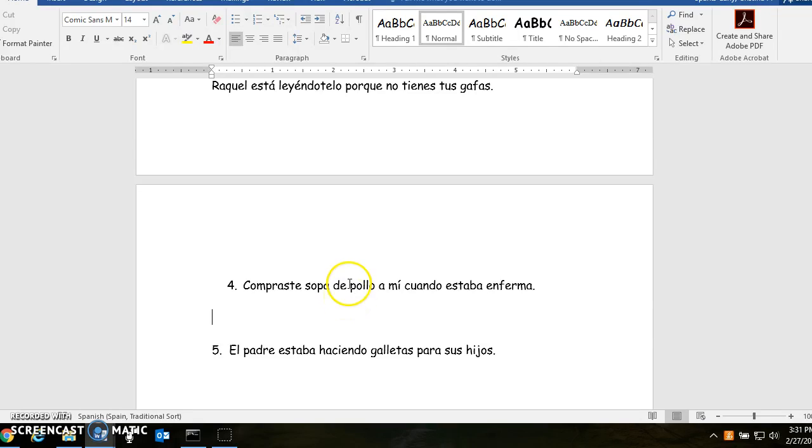Compraste sopa de pollo a mí cuando estaba enferma. Compraste. That is the subject and the verb. Tú compraste. Remember in Spanish I don't have to have the tú. One verb. What did you buy? Sopa de pollo. All of this is the direct object. For whom? A mí.